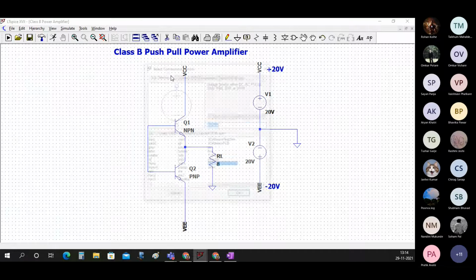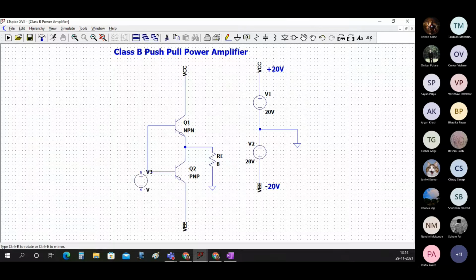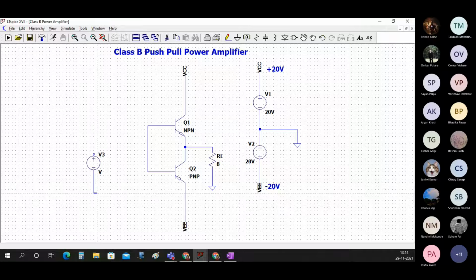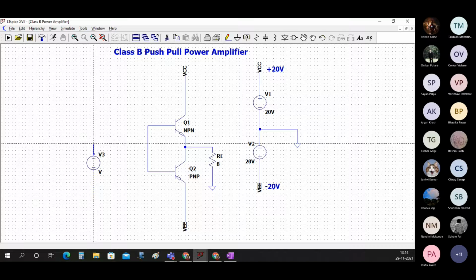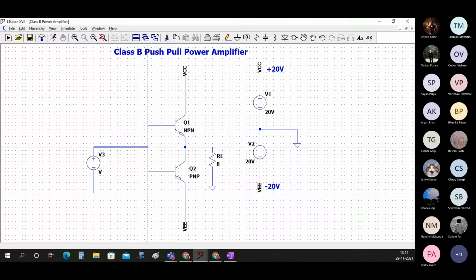And then we can have an input which we will connect here. Obviously that input has to be between some value and ground.